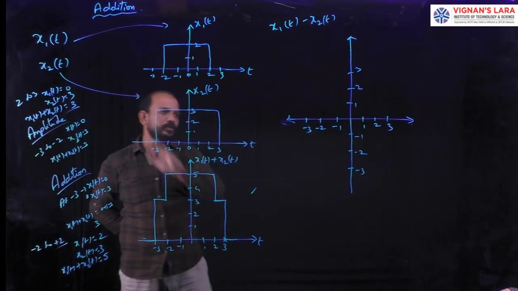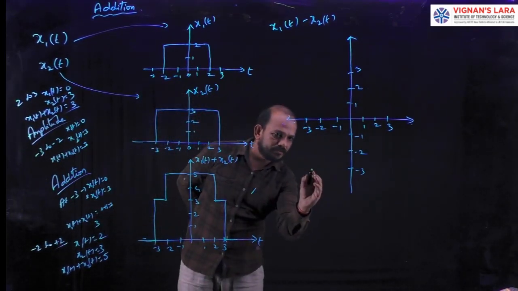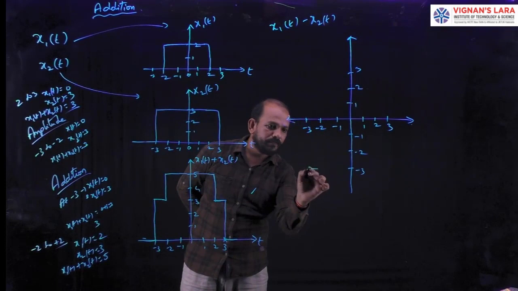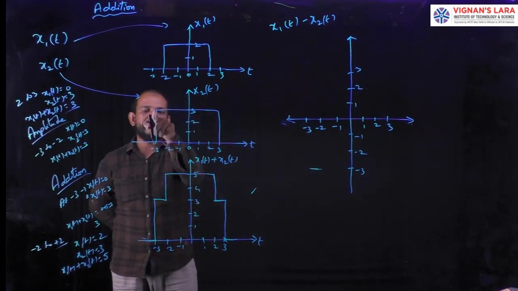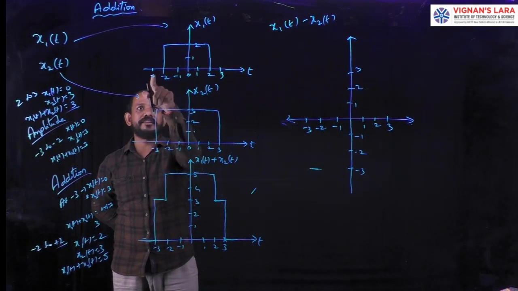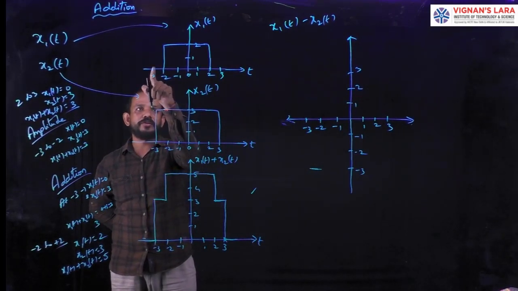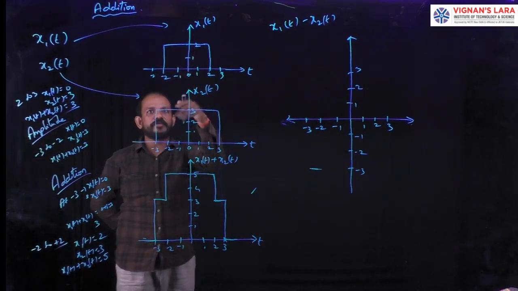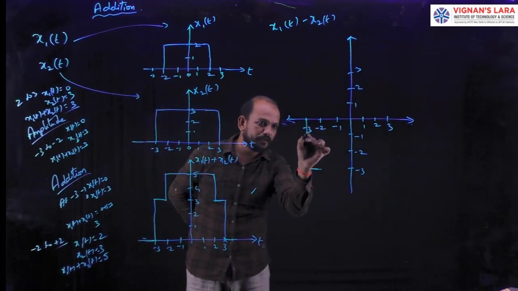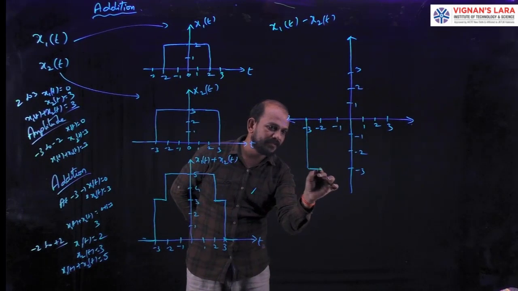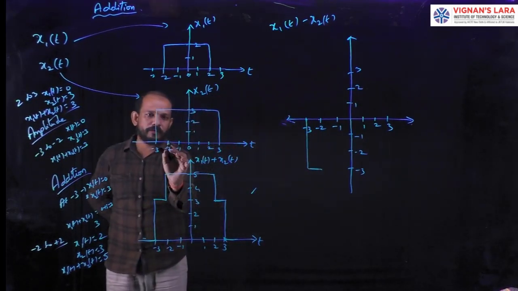From minus 3 to minus 2, at this point x2 is 3 and x1 is 0. So x1 of t minus x2 of t, that is 0 minus 3. So you will get minus 3. Simple. Minus 3.